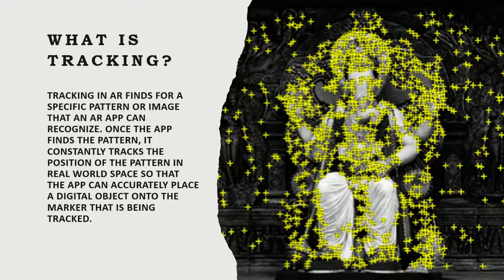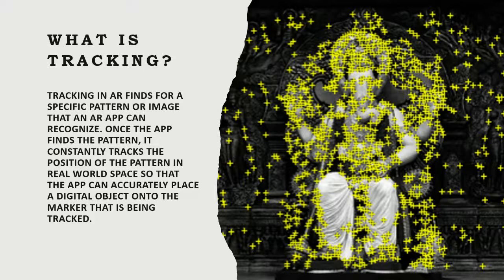If I had to give an example, you have created a marker, and you have successfully placed the digital object on top of that marker. Now, if I move my marker, let's say 10 units to the left side, how do you think the object will also move?